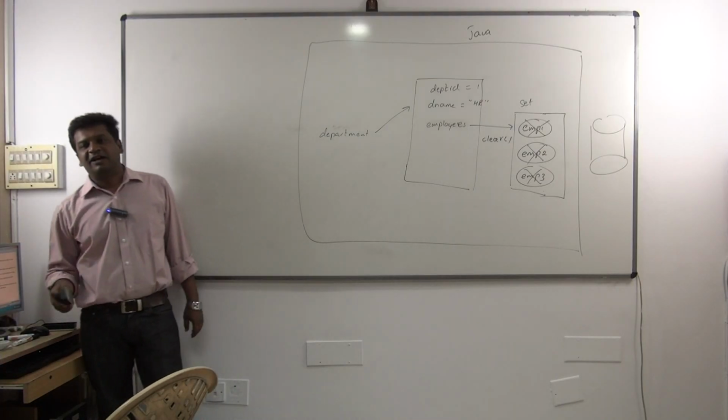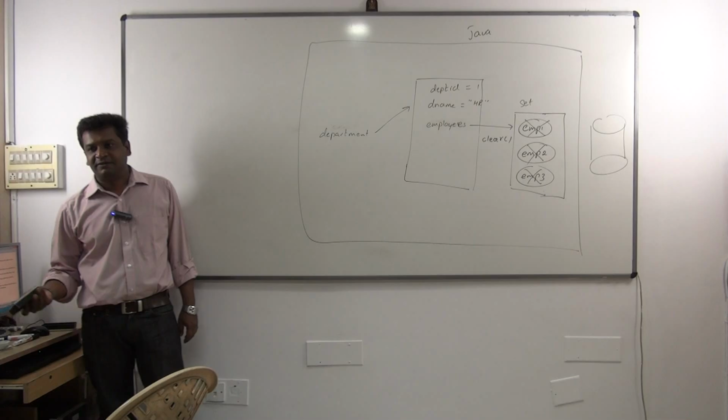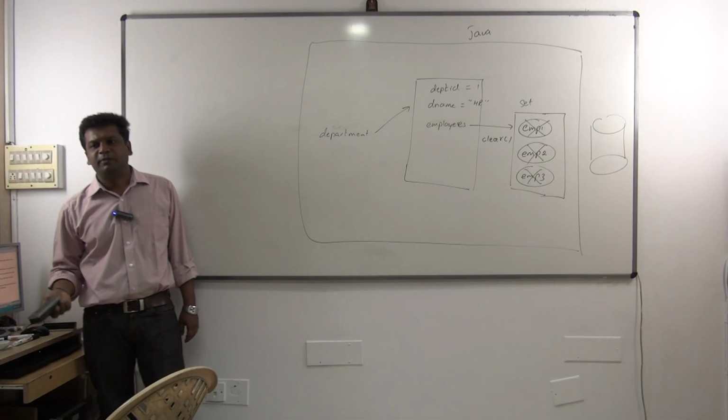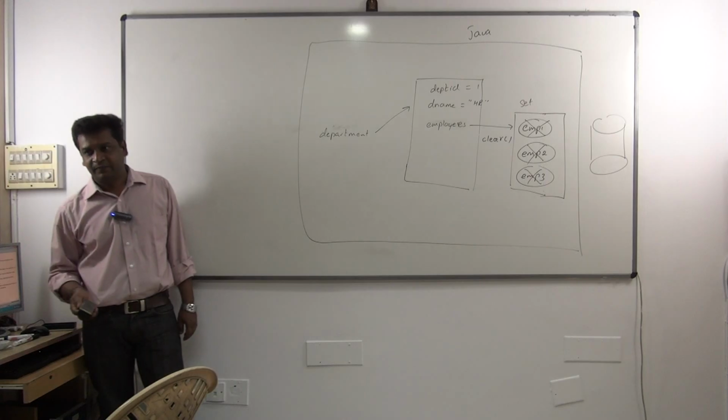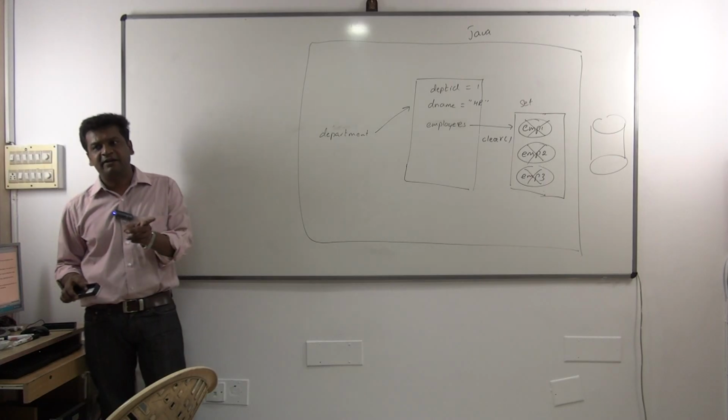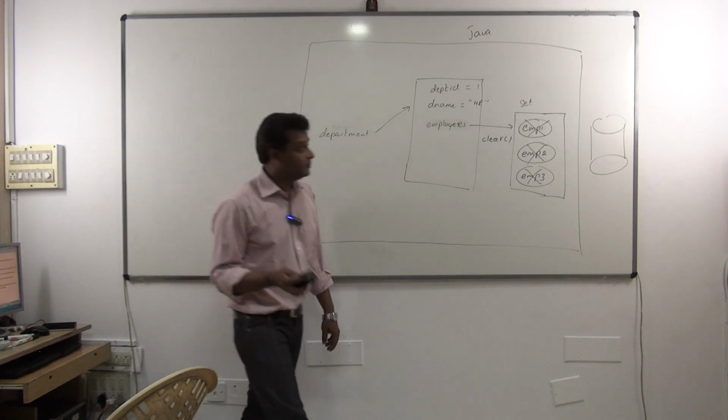Now I think the last one, all delete orphan. You should have got the idea. It's a combination of what? All and delete orphan. It's a combination of 2 things, all and delete orphan.